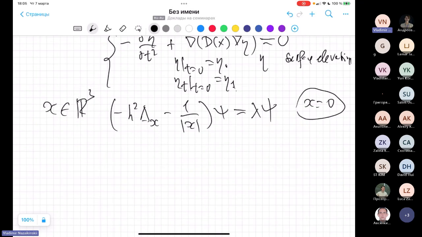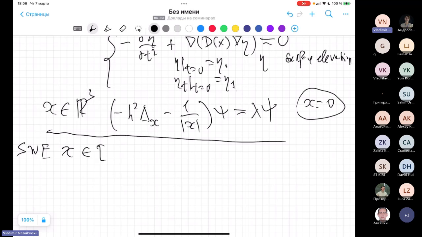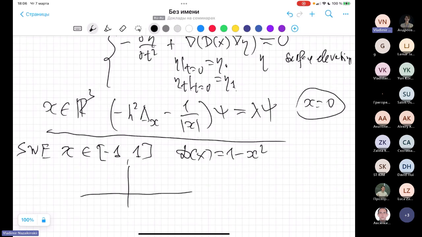As for the shallow water equations, let's consider the simplest one-dimensional example. x is in the domain (-1, 1), and d of x is 1 minus x squared. So we have a one-dimensional basin with a bottom of this sort.